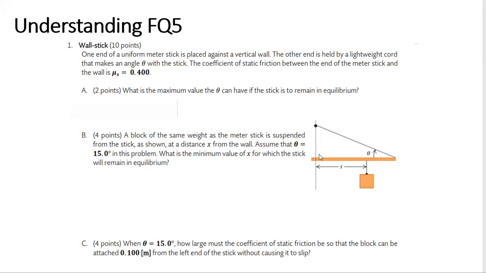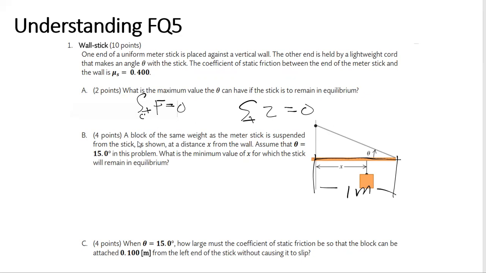So, dahil meter stick ito, just recall that this length is 1 meter. And of course, you can use yung mga conditions mo ulit to determine the maximum angle. So you have here your sum of forces is equal to 0 and sum of torques is equal to 0.